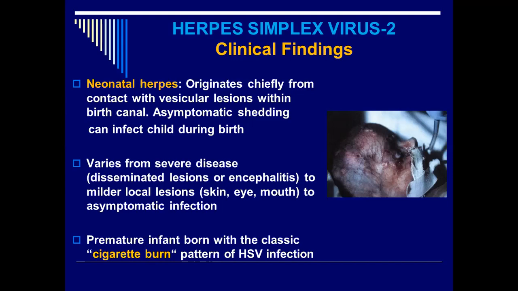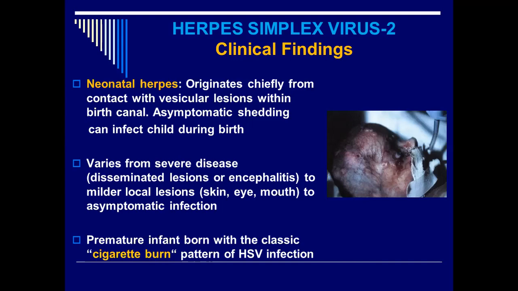There is asymptomatic shedding. It can infect the child during birth also. So the newly born baby can get infection either from the lesions already existing or from the virus that is being shed during the process of parturition.